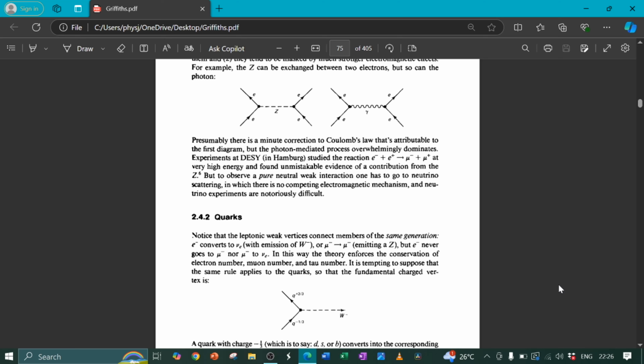Experiments at DESY in Hamburg studied the reaction electron plus positron goes to muon negative plus muon positive at very high energy and found unmistakable evidence of a contribution from the Z. But to observe a pure neutral weak interaction, one has to go to neutrino scattering, in which there is no competing electromagnetic mechanism, and neutrino experiments are notoriously difficult.